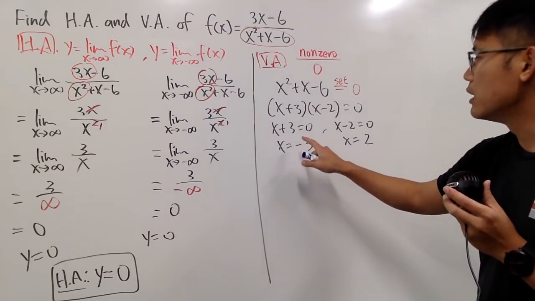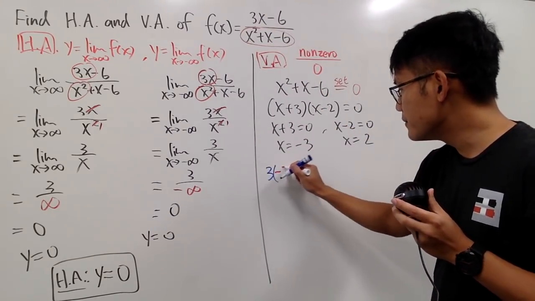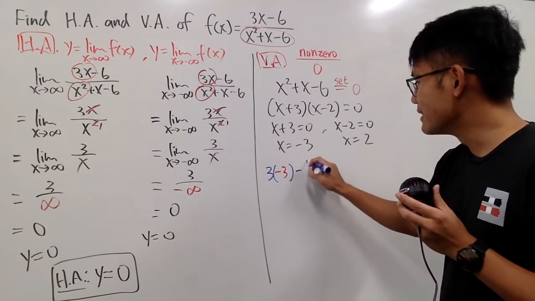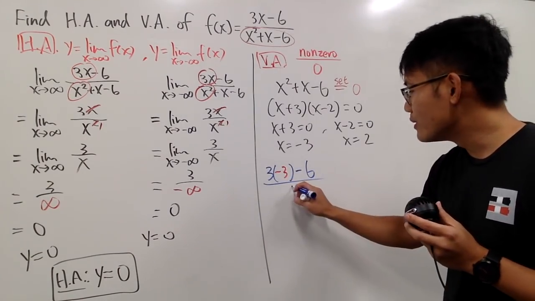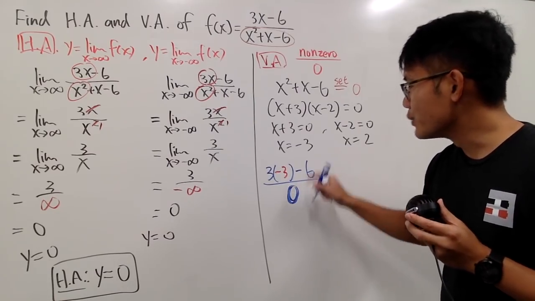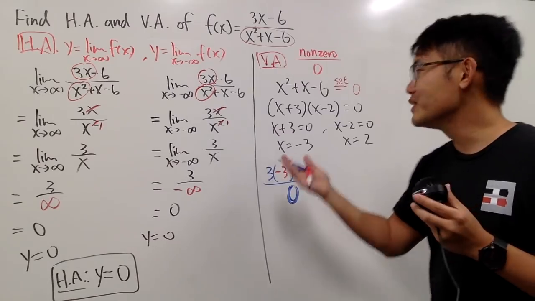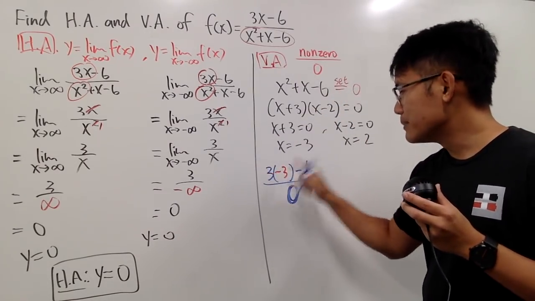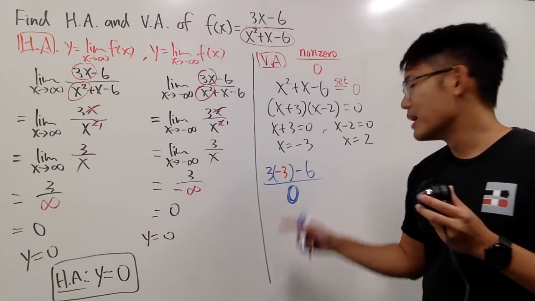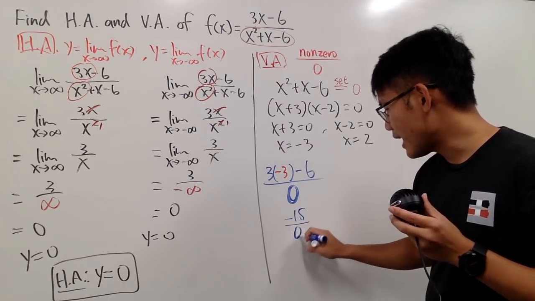Let's check that out. Plugging negative 3 into here, we get 3 times negative 3 and then minus 6 over what? Over 0. Because we know if you plug in negative 3 into the bottom, it will be 0 since we just did that, right? And now you see on the top, 3 times negative 3 is negative 9, minus 6 is negative 15, over this 0 that you already have.